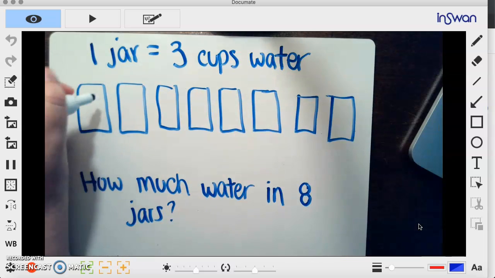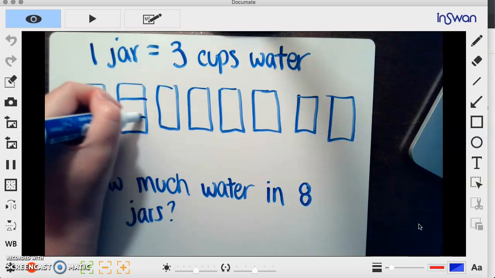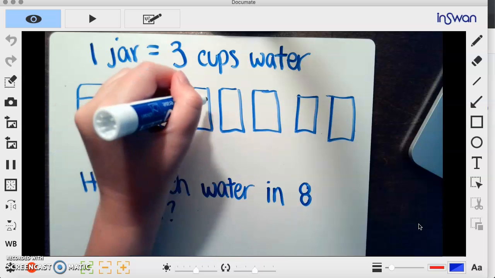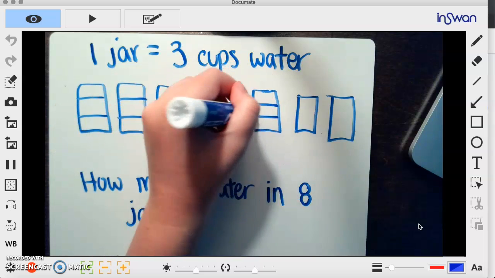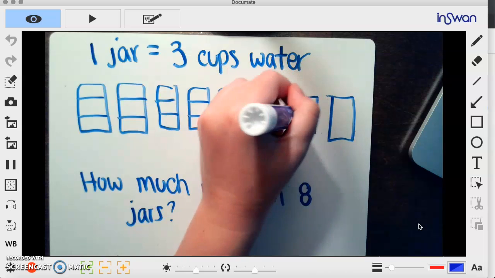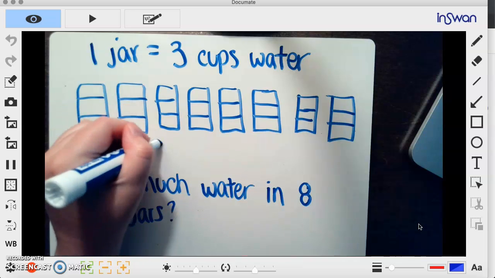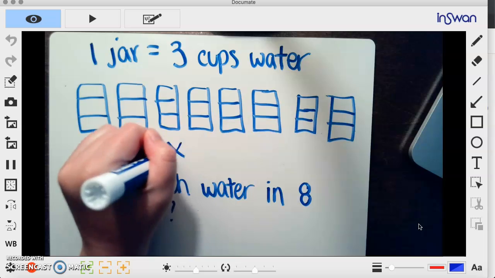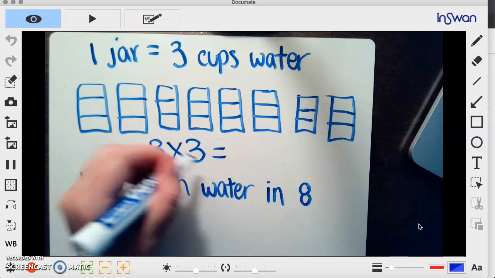In each of my 8 jars, I'm going to put 3 lines to represent my 3 cups of water. The picture that I drew represents 8 jars with 3 cups in each jar, or 8 times 3.